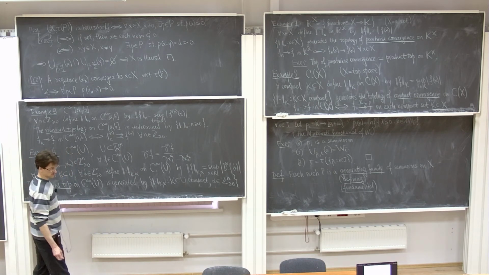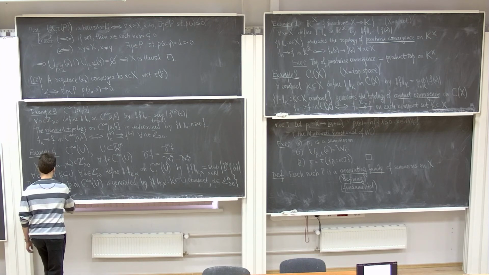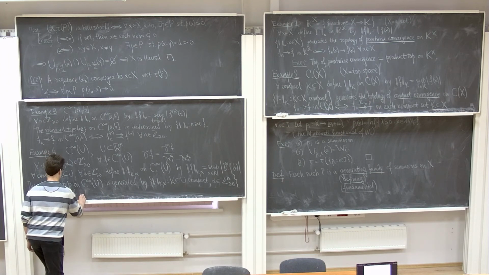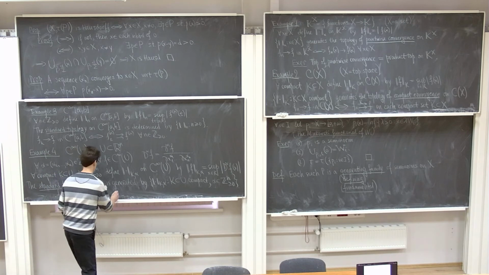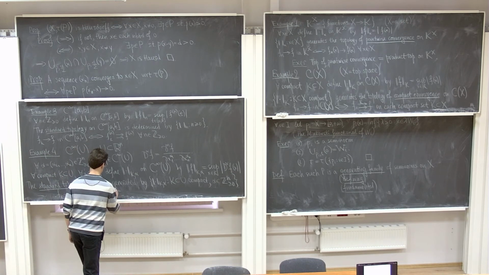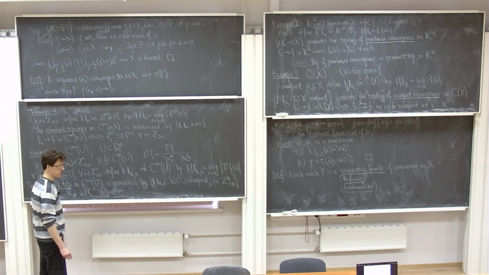Again, it's very easy to describe the convergence. So a sequence Fk converges to F for this topology in the space C infinity of U if and only if it converges uniformly on each compact subset with all partial derivatives.